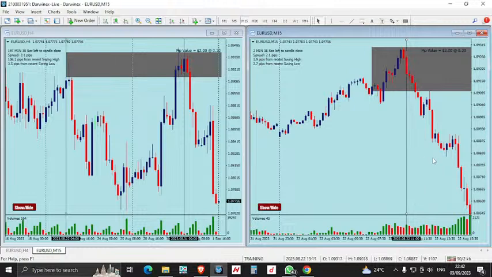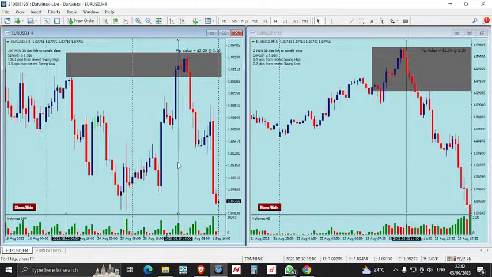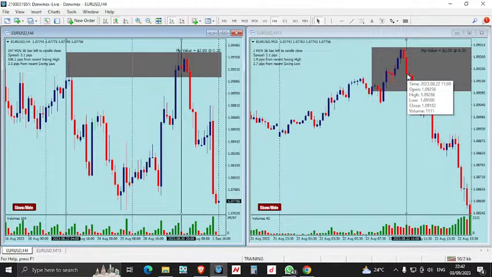So here now, having combined 4 hours and 15 minutes, we have been able to identify a good place to enter our trade. Look at it here. So if we had entered here, here is 1.0918. Our stop loss will be the highest candle, which is this one.